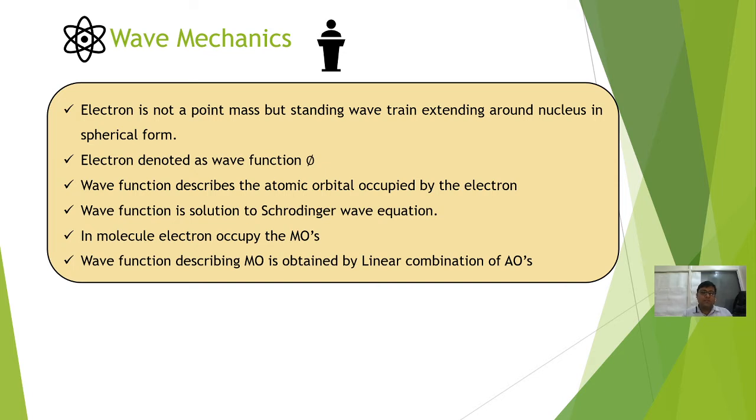The wave function is a solution to the Schrodinger wave equation. In a molecule, electrons occupy the molecular orbitals. The wave function describing a molecular orbital is obtained by LCAO, meaning linear combination of atomic orbitals.